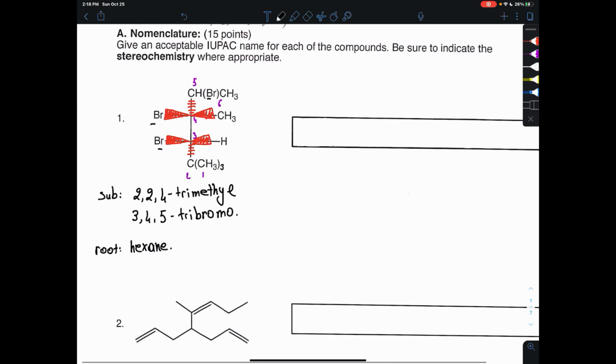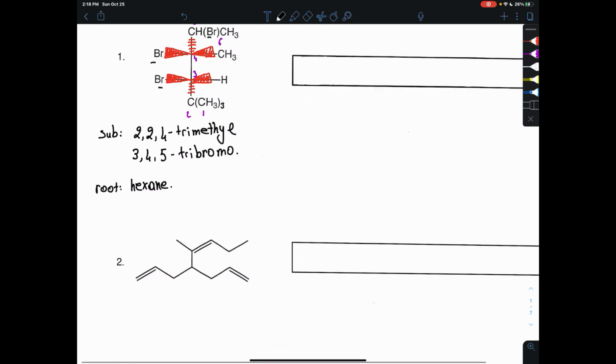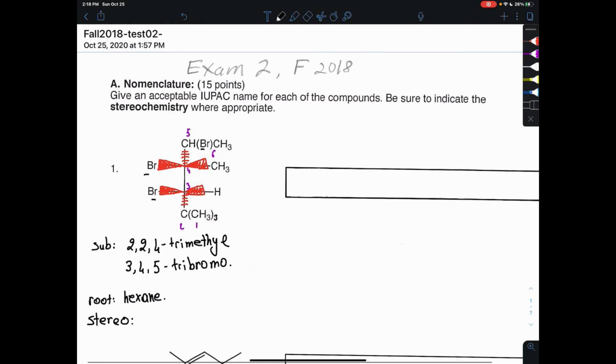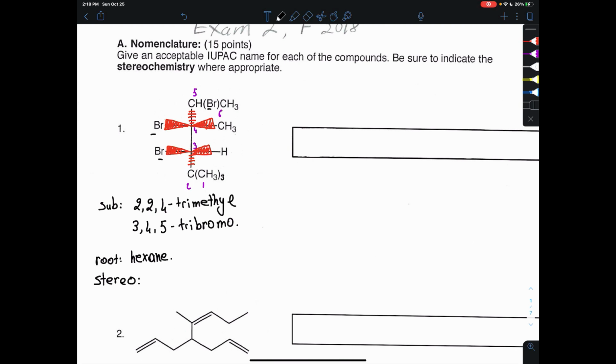And then the last thing, now compared to test 1, you have stereochemistry that you guys have to keep in mind. So stereo is when you're doing R and S for chiral carbons. If we look at this whole molecule, we know that we have 2 chiral carbons, right?